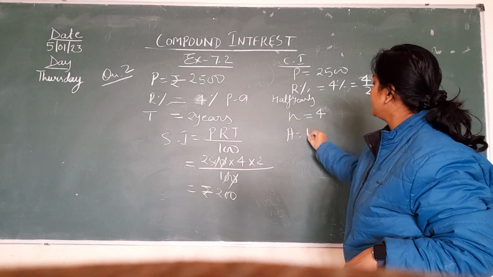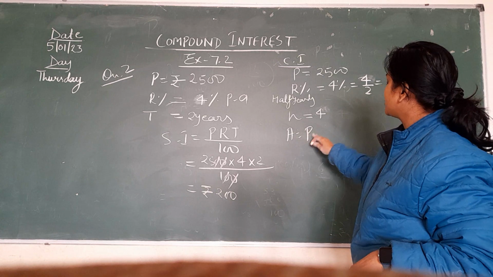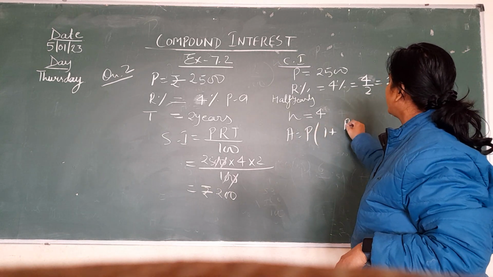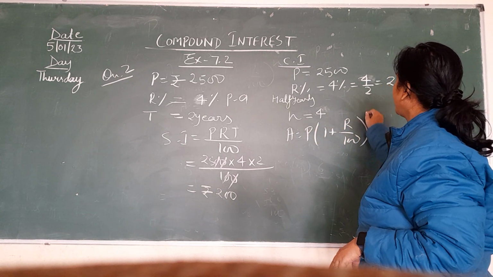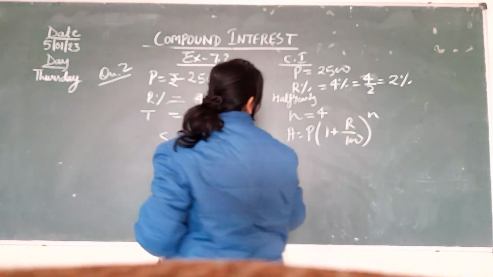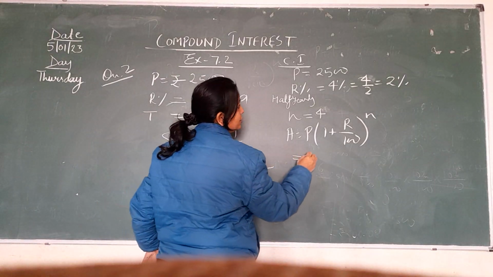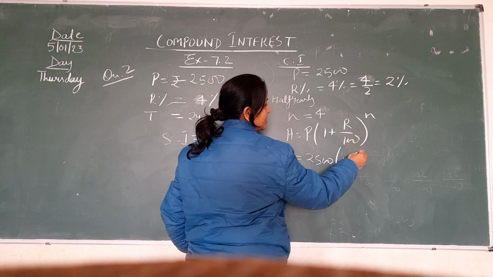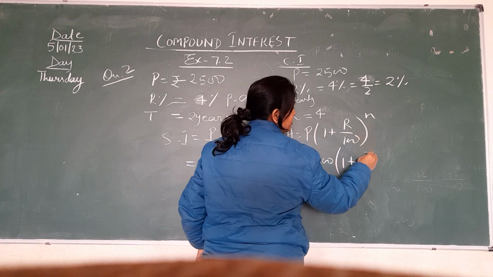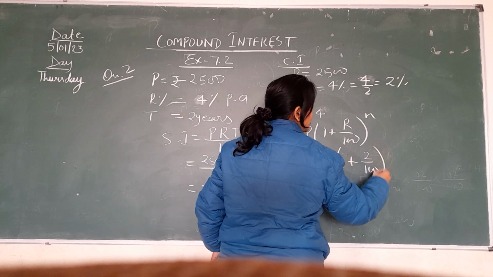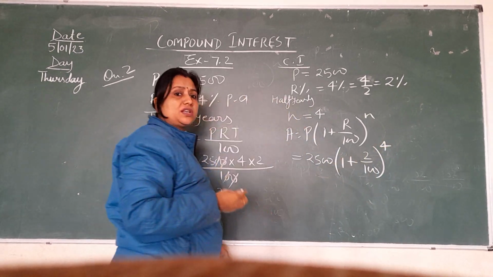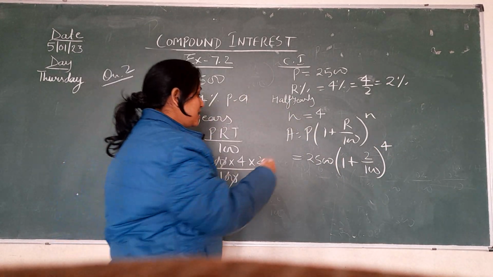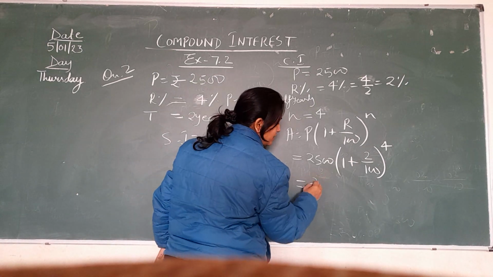A is equal to P (1 + R/100)^n, it means 2500 (1 + 2/100) raised to the power 4. First of all we will solve it.